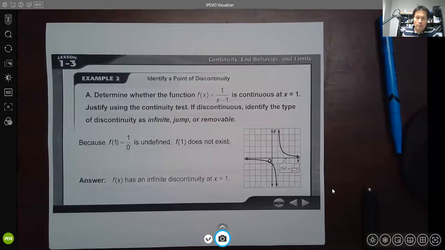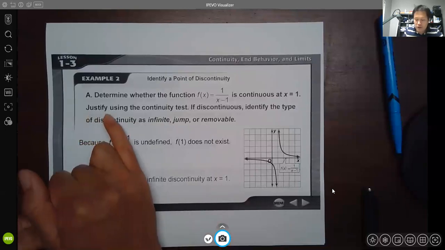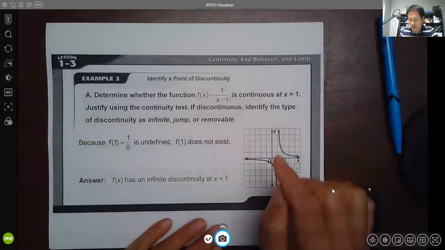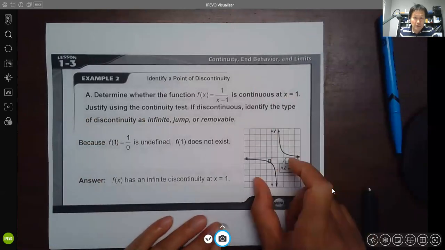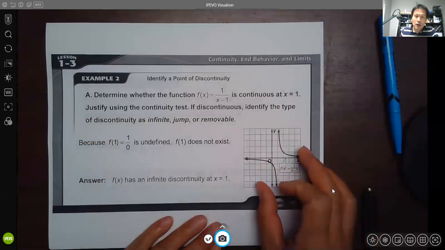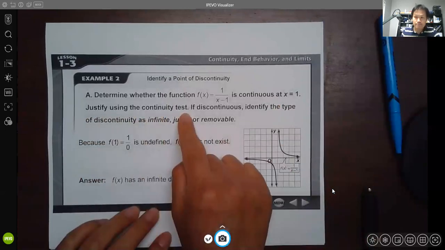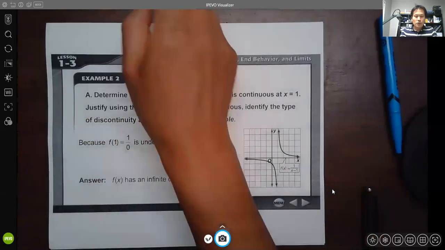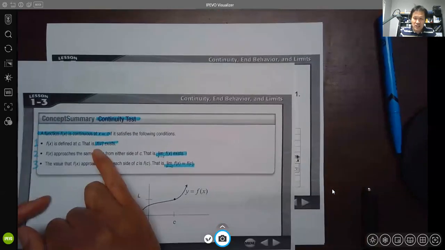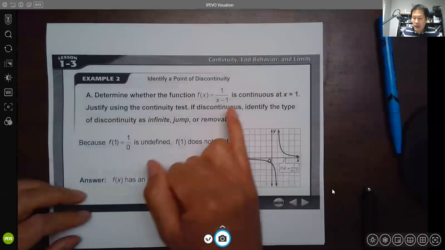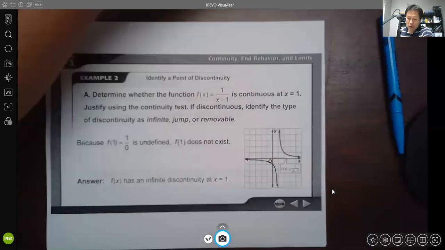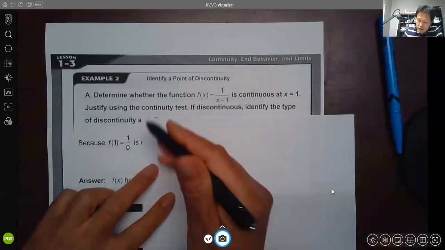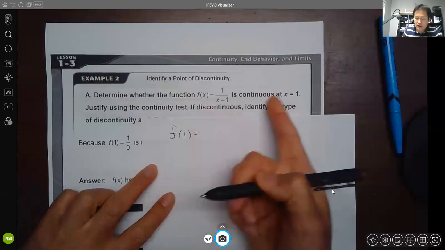But here, we are justifying using the continuity test. If the graph is available, you already know it's discontinuous at x equal to 1, and that it's an infinite discontinuity. But to justify using the continuity test, you have to do condition 1, condition 2, condition 3. So what was condition 1 again? f of c exists. How do you do that? f of 1 exists. So you have to plug in 1 for the value of x.